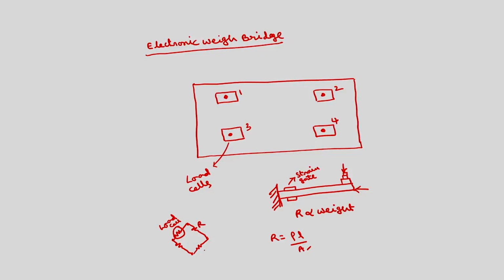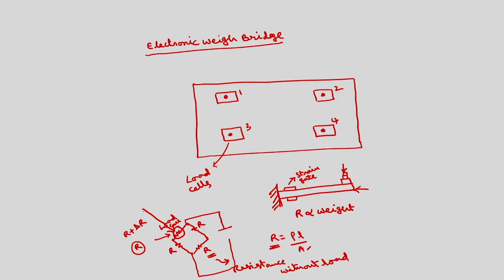I will set the other 3 arms to R. This resistance is equal to resistance without load. This R is equal to resistance without load. So, this also, initially without load application, is R. If I apply the load here, what happens, this becomes R plus delta R. So, when this is also R, this bridge will be balanced if I connect these 2 points to some voltage.